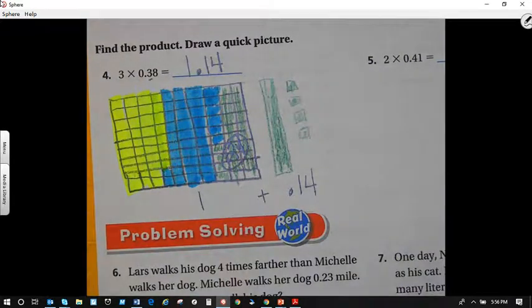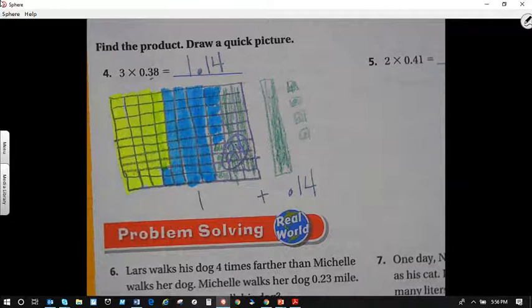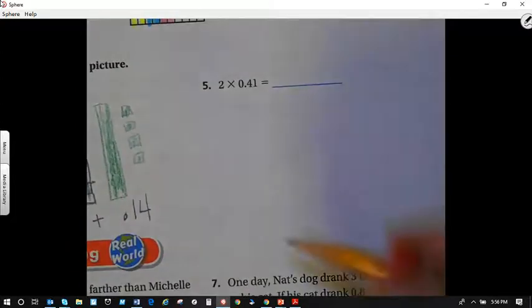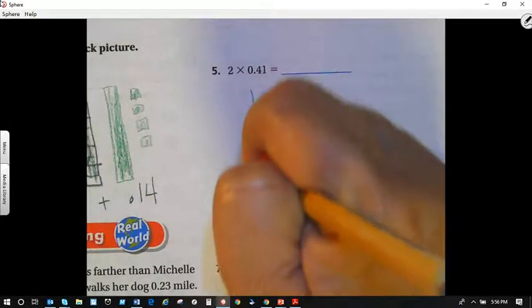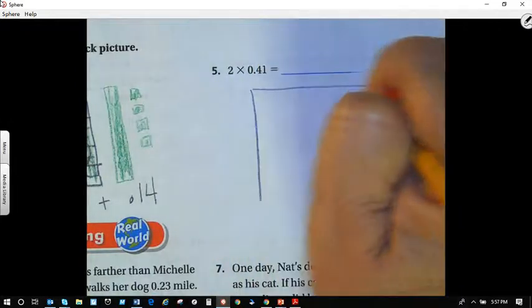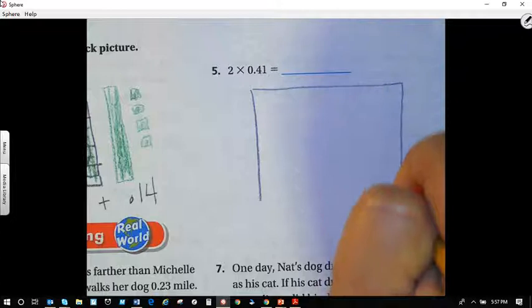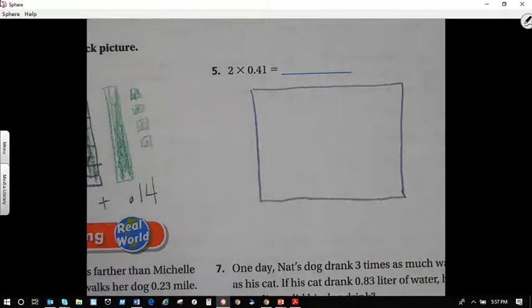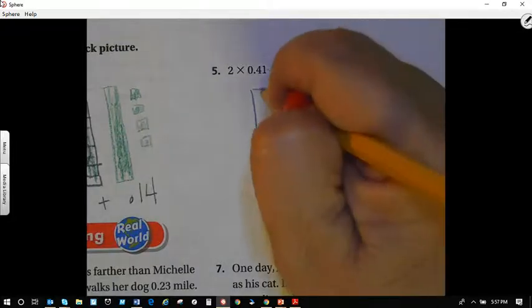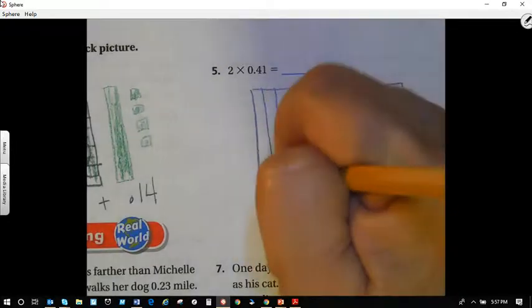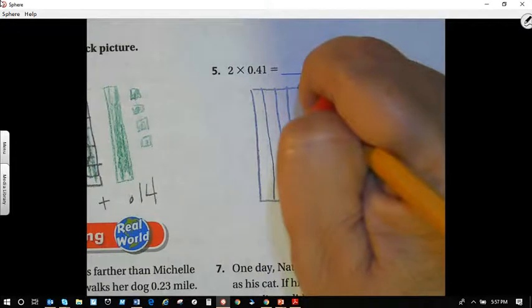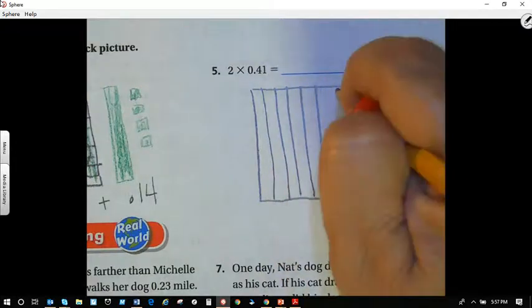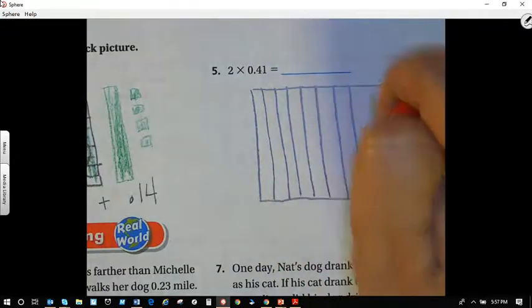Okay, so now let's look at this picture here. On number 5, we're going to do the same thing. So I'm going to draw out my little sketch. Some of you, if you took the paper home, you can draw it on your hundredths grid. 10, 20, 30, 40, 50, 60, 70, 80, 90.